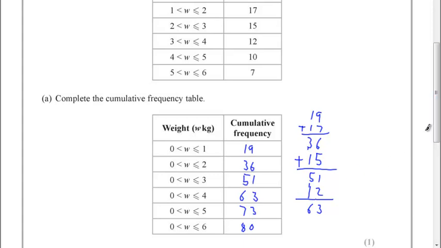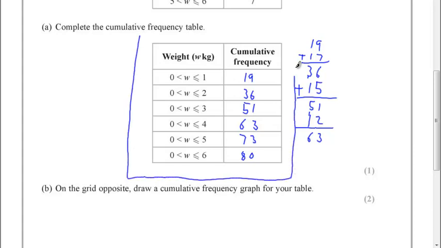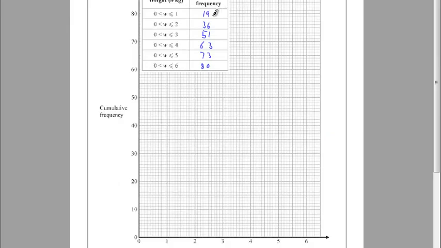Okay, what have we got to do now? On the grid opposite, draw a cumulative frequency graph for your table. Okay, this information here then. We've got 19 of them are 1 kilogram or less.